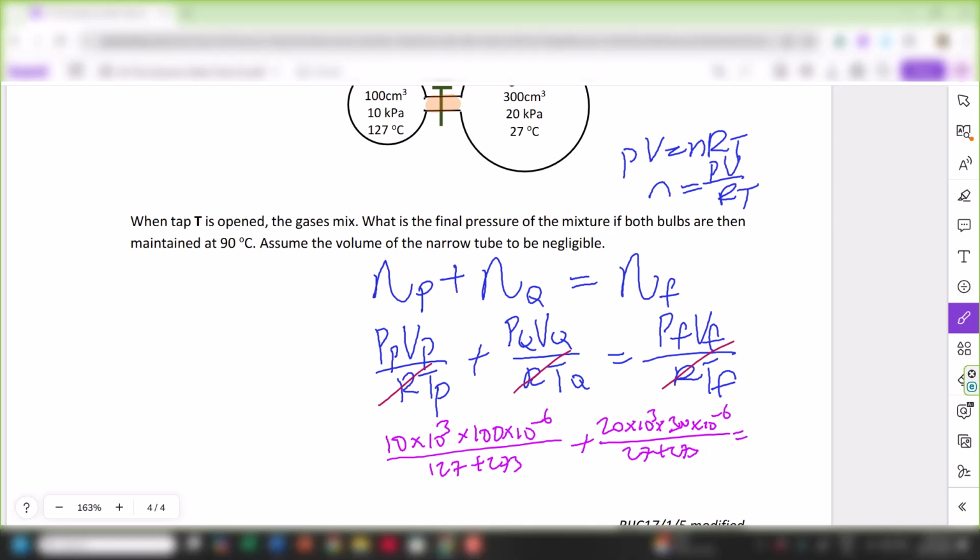We are supposed to find P final. So P final multiplied by total volume, which will be 400 times 10 to the power of minus 6, over 90 plus 273. You realize that now everything seems a lot easier, because I can cancel the 10 to the power of minus 6. I can even cancel this, so that the terms are a lot easier. Then I can easily solve.